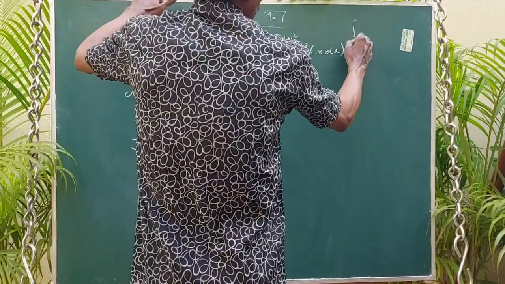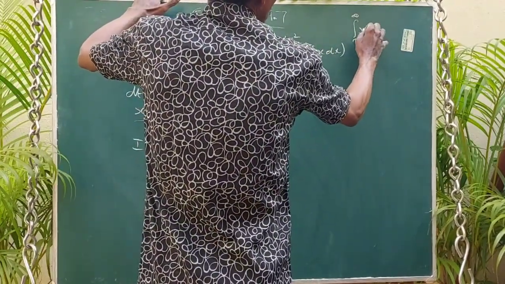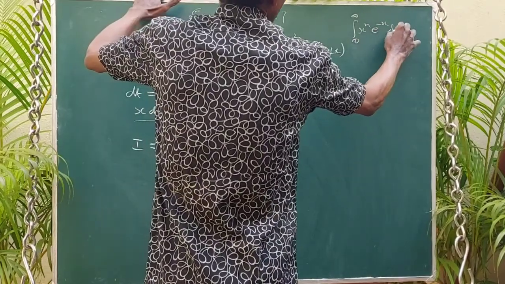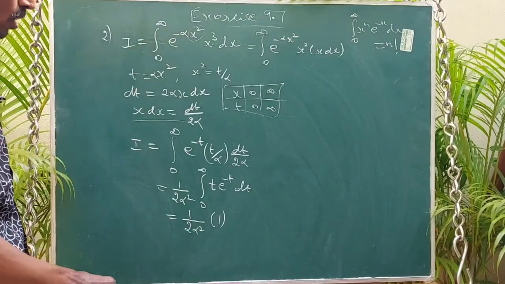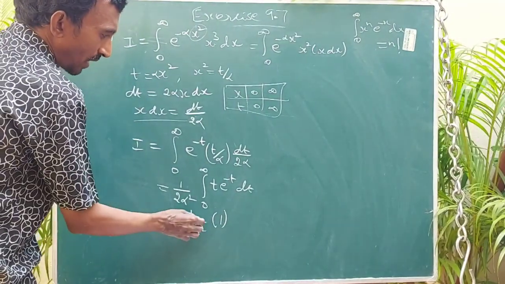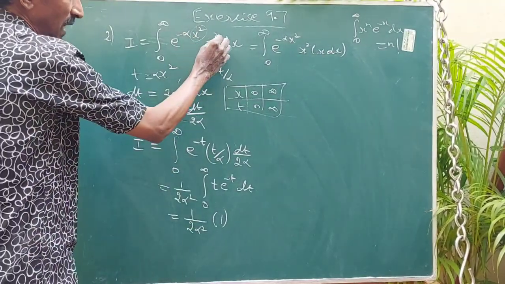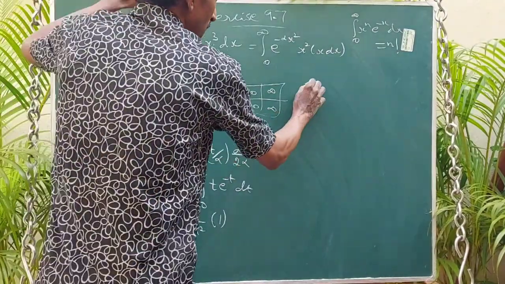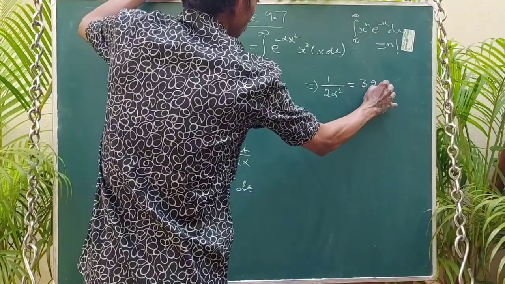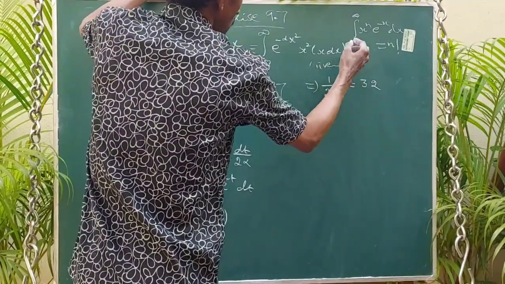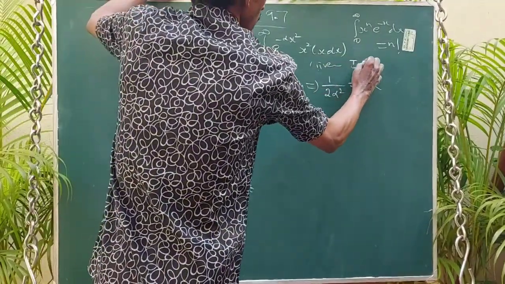So remember the formula: integral 0 to infinity x power n e power minus x dx equal to n factorial. Here n is 1, so 1 factorial is 1. What is given? It is given in the question that I equal to 32.